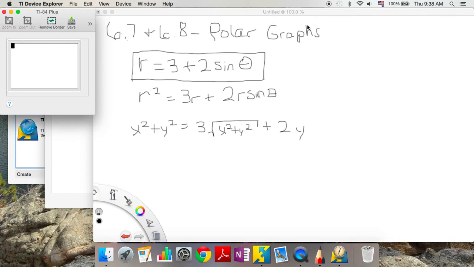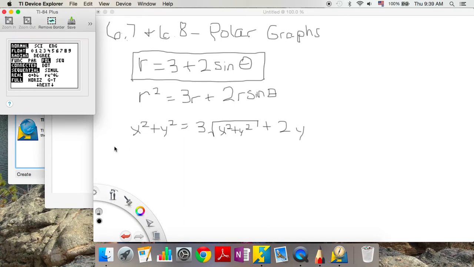Now, on our calculator, if you push the mode button, you'll see here on this fourth line down, it says FUNC, that's function mode, and then there's parametric mode. This is polar mode, POL.